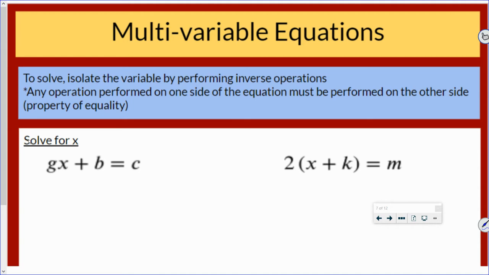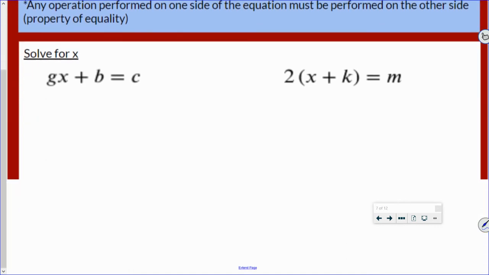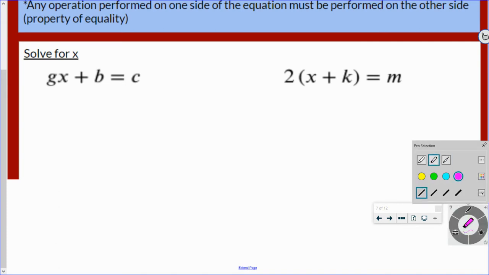Write it down. gx plus b equals c. I'm solving for x. So the first thing I'm going to do is identify what I'm solving for. And for you guys, for the purpose of this class, I'm going to highlight it. I'm trying to solve for x.